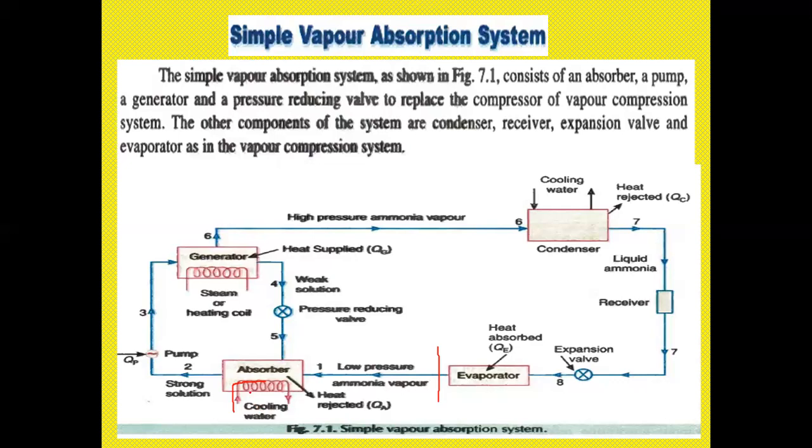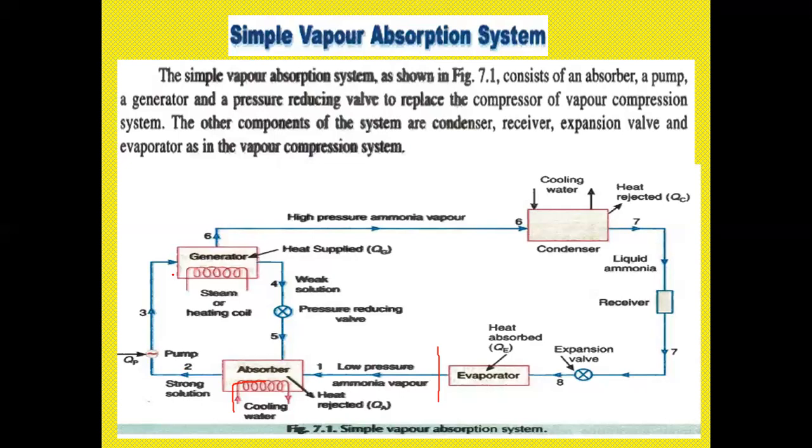Then it pumps the strong solution, with work QP, to this generator, adding Q generated in this generator process where you are having steam or heating coil. So the generator is run by the steam or heating coil.